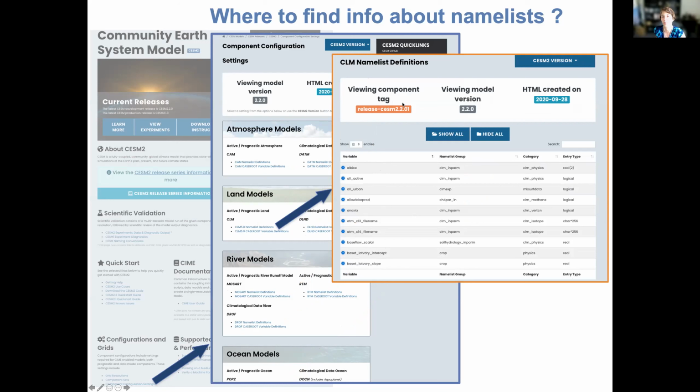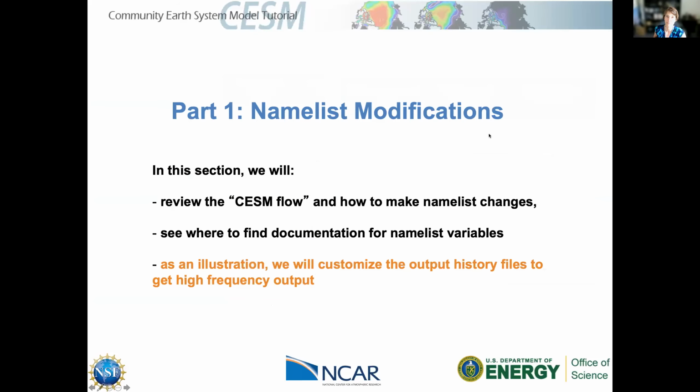It will also show you which release version you are using and when this HTML was created. Okay, this is where to find information about the namelist variables.